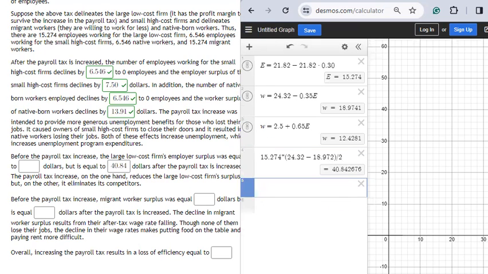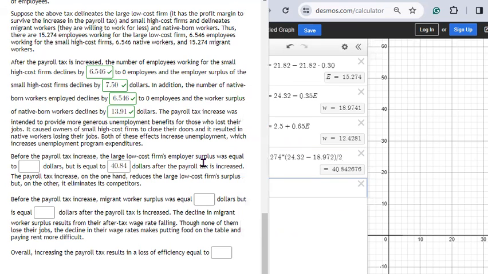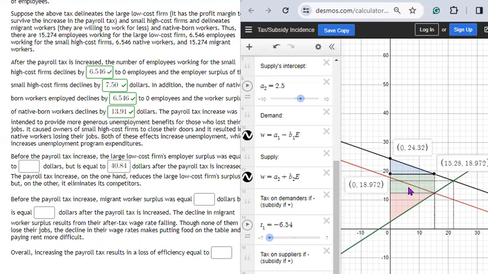All right. Now we need to get the firm surplus of these large low-cost firms prior to the tax, right? Okay, so prior to the tax, the firm surplus of the large low-cost firms is this green rectangle, the top green rectangle, right?